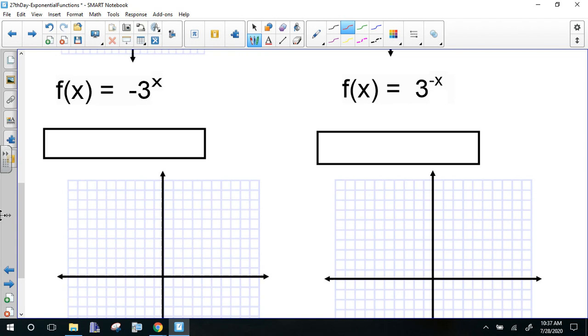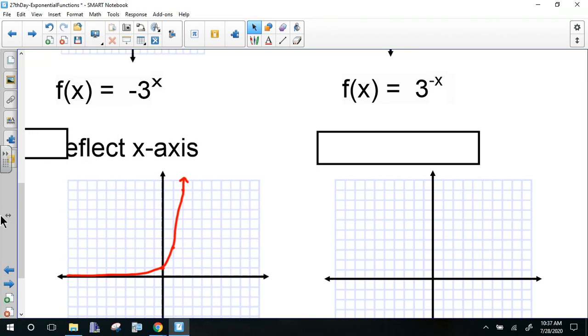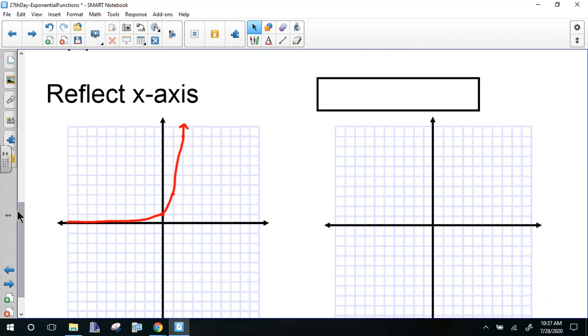Again, I'll draw my original 3 to the x. And I have a negative out in front of my base. The negative out front is going to reflect it over the x-axis. So if I reflect that over the x-axis, that means this point's going to flip over the x.